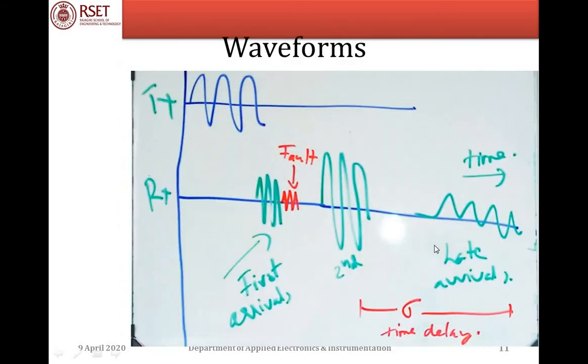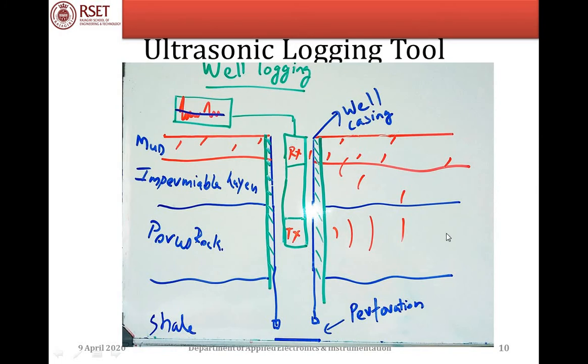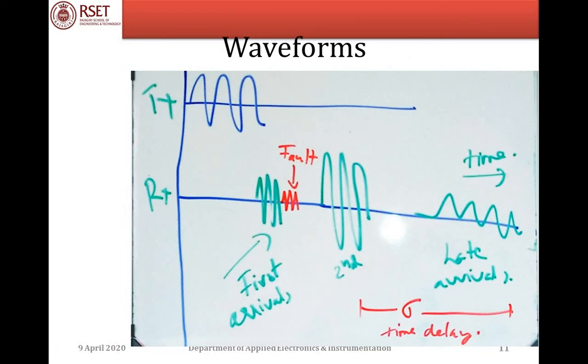Now late arrivals are there that correspond to the structure far from the well bore and its composition, and they can also correspond to parameters like porosity and sedimentation. Now as layers change, you can see there will be a drift in the late arrival.